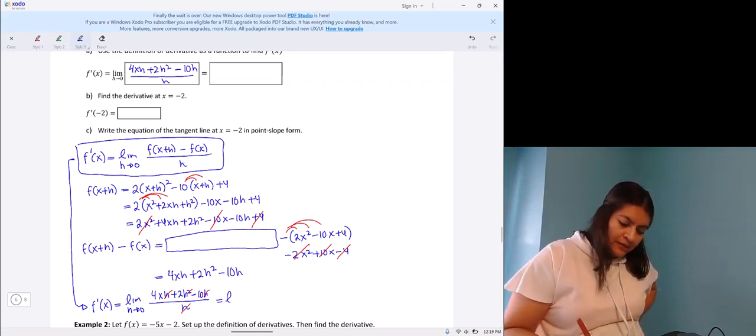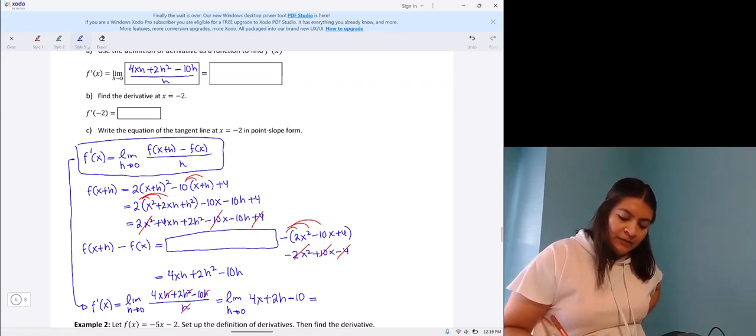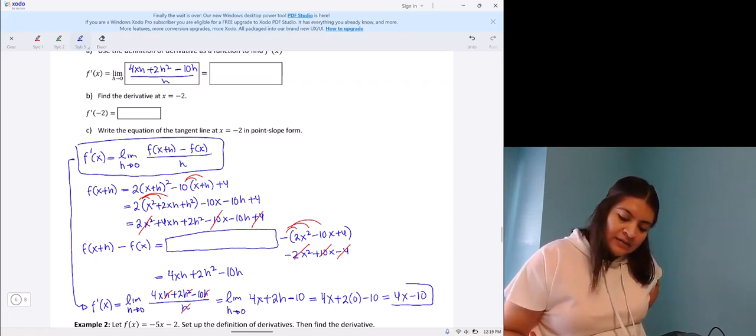And so we end up with the limit as h approaches 0 of 4x plus 2h. Don't forget that you still have an h because that was 2h squared. And then we apply direct substitution. We get 4x plus 2 times 0 minus 10, which is 4x minus 10. And that is the derivative.